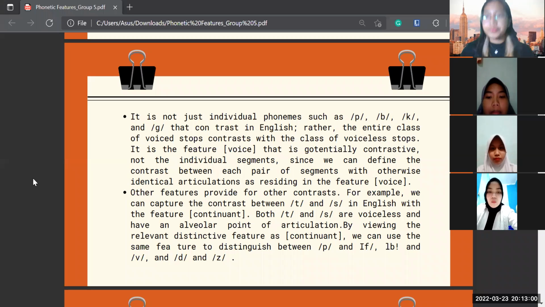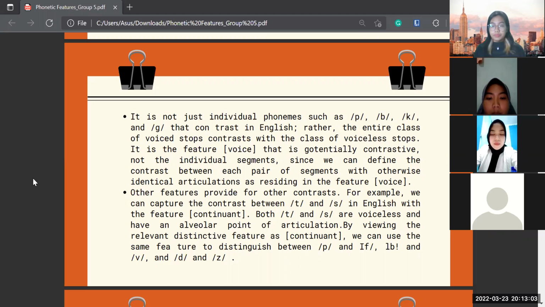For example, we can capture the contrast between t and s in English with the feature continuant, since t and s are voiceless and have an alveolar point of articulation. By viewing the relevant distinctive feature as continuant, we can use the same feature to distinguish between p and f, and between d and z.